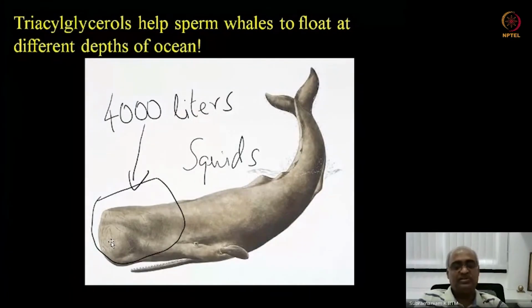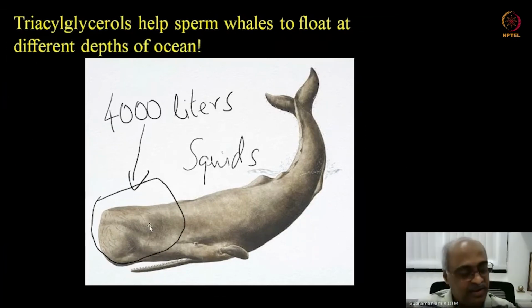So it becomes a jelly-solid mixture whose density matches the density of the surrounding ocean water. Therefore, it doesn't need to spend a lot of energy to stay floating at that place. And when it dives back to the surface, it becomes liquid, its density goes down, and it is okay at the surface.